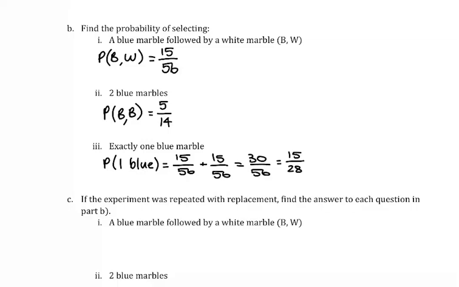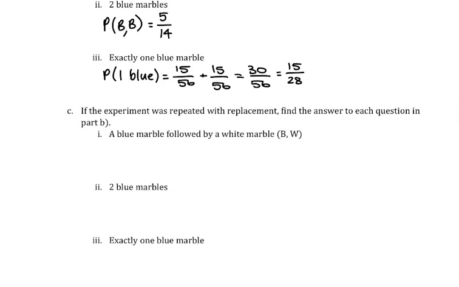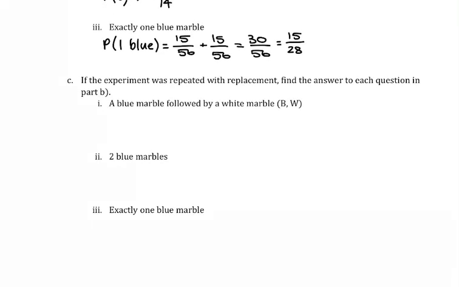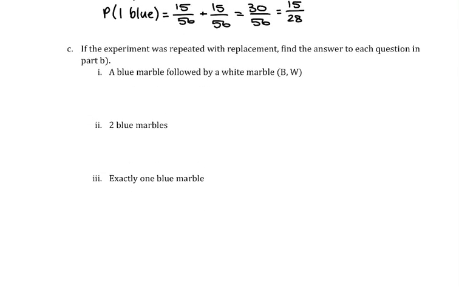For part C, we have: if the experiment was repeated with replacement, find the answer to each question in part B. So with replacement, I'm just going to quickly draw a tree diagram over to the side so that we can work this out. When selecting objects with replacement, the number of marbles in the bag remains the same for each selection.